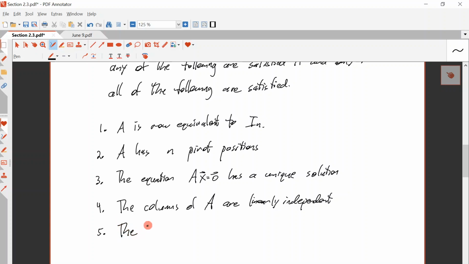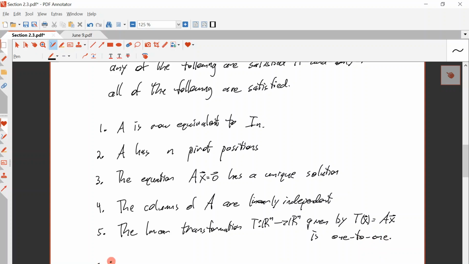5. The linear transformation T from Rn to Rn given by T(x) equals Ax is 1-to-1.